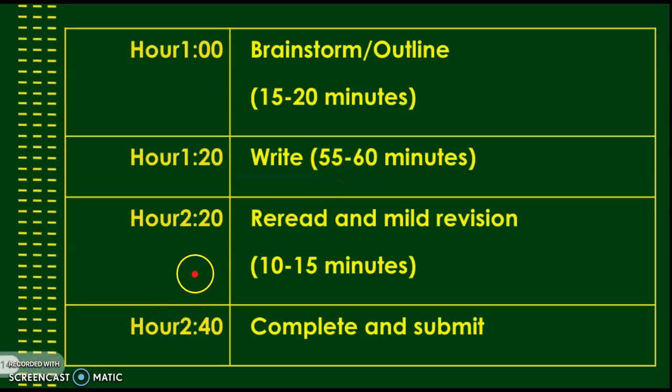In the second hour, you would reread with a mild revision, so not changing concepts or ideas, just looking at sentence clarity, grammar, and syntax. That should be about 10 to 15 minutes, and then you would complete it and submit it. So that is a suggestion of time for your day of writing for the final essay exam.